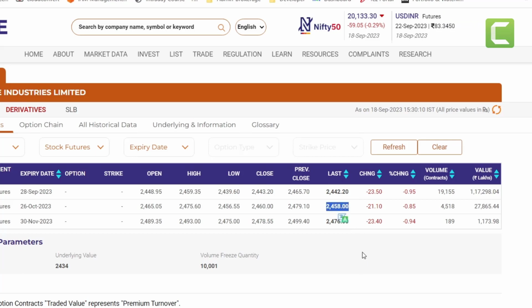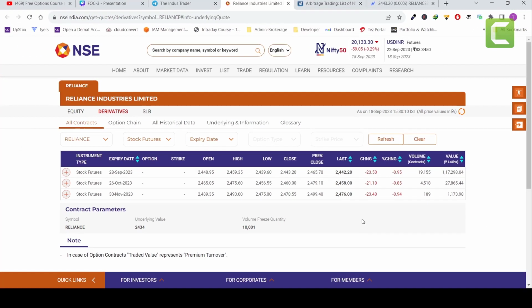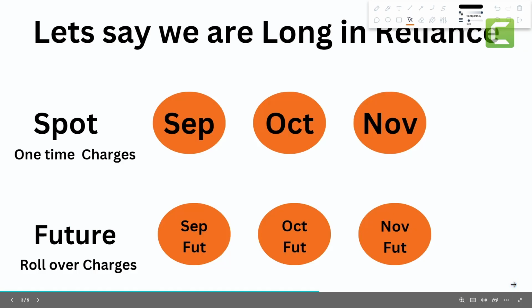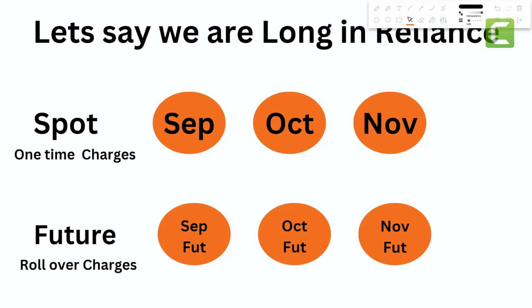That means you are exposed to rollover cost as well as rollover charges. So it depends upon person to person whether it's a small problem or big problem. I hope you understood what the concerns are.